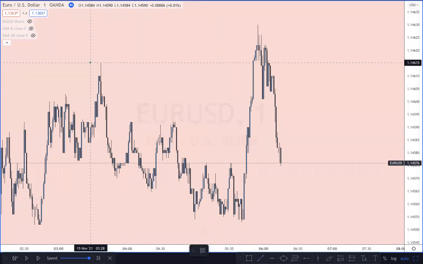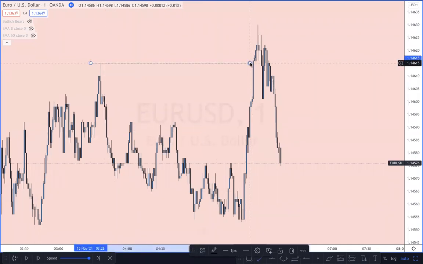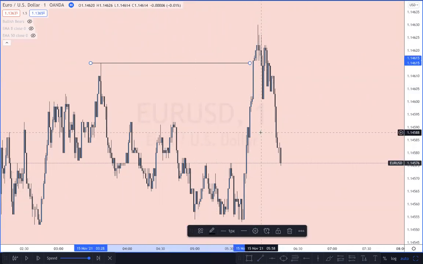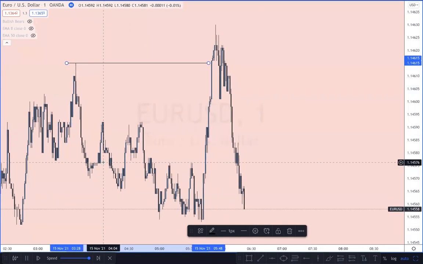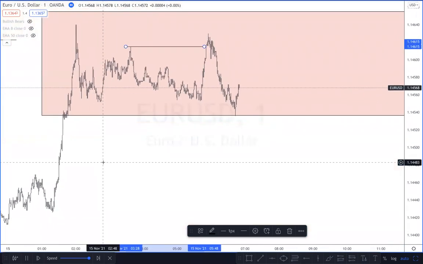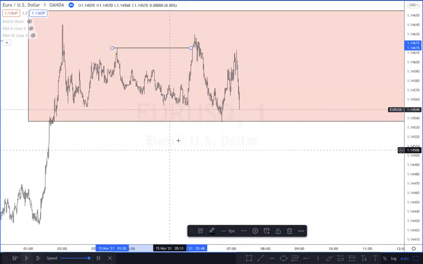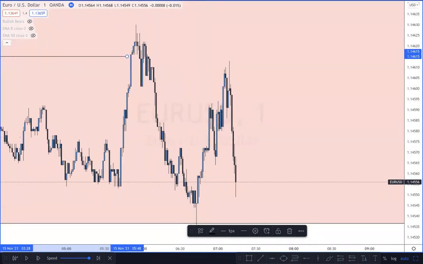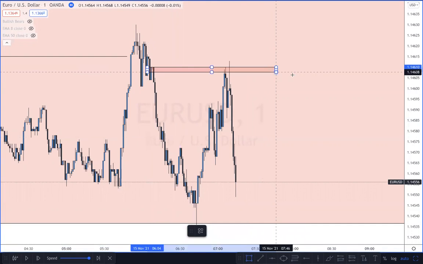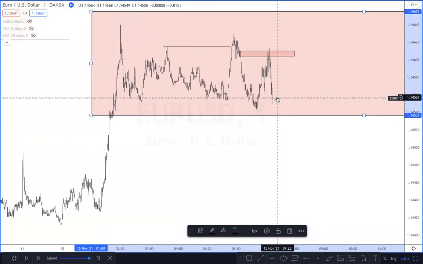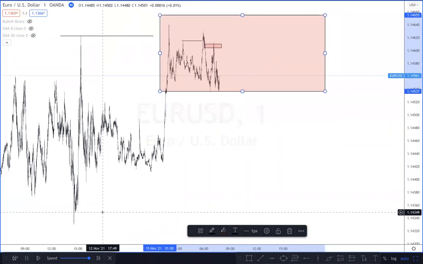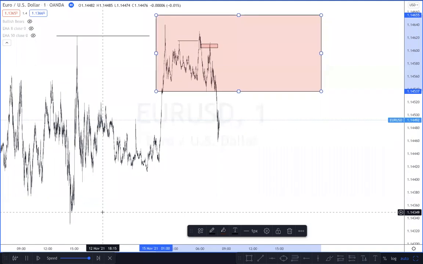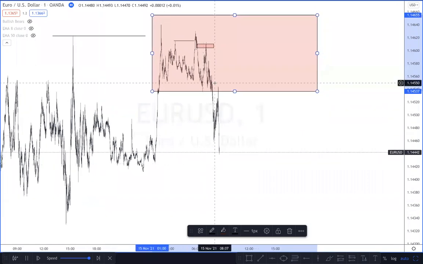Happens around liquidity. What time were we in? Getting ready for London session. That's me right there. And I had this sell entry.